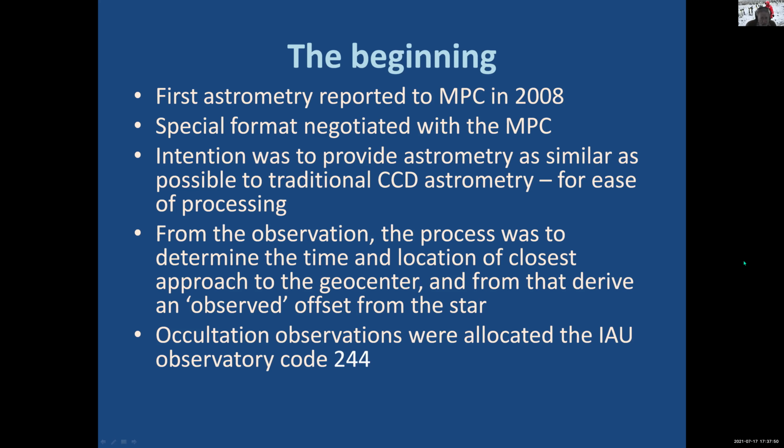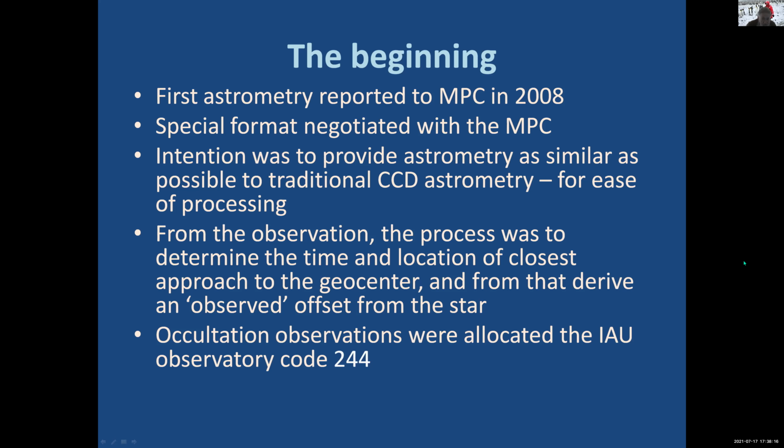And we negotiated a special format. The process at that stage was to have a reporting process which fitted in to the Minor Planet Centre's traditional reporting process as much as possible for ease of processing by them.